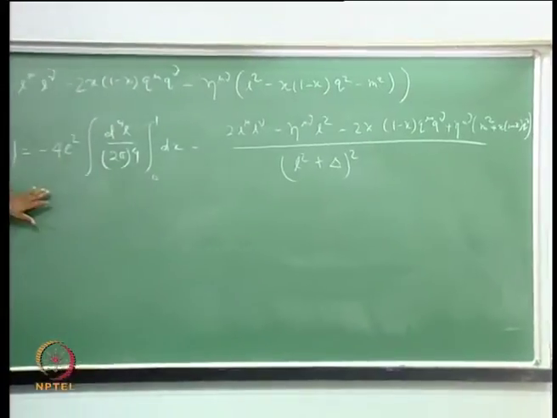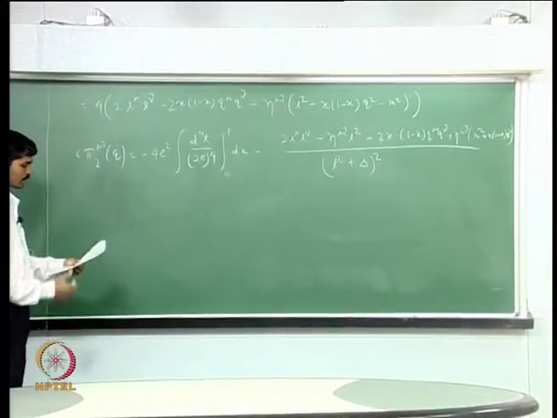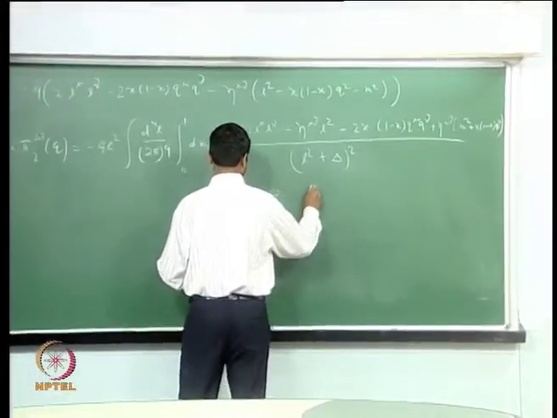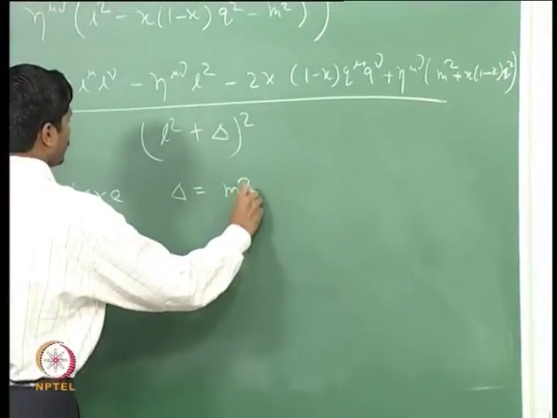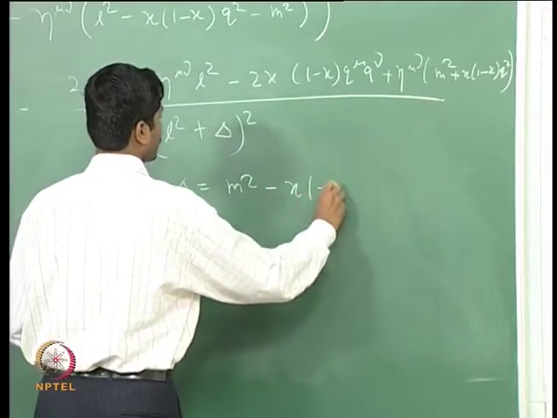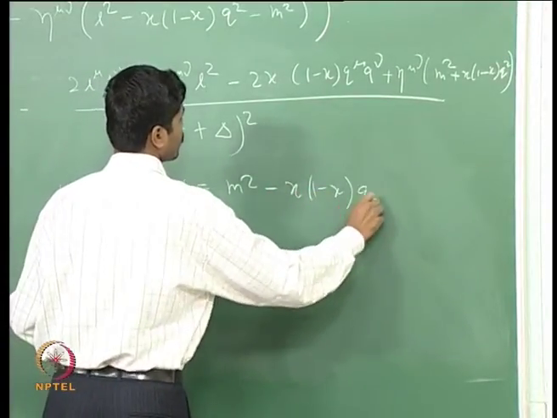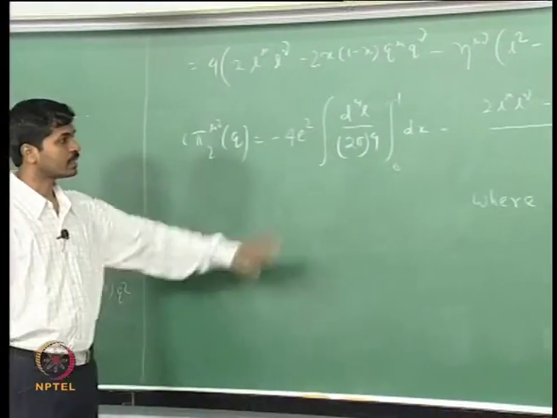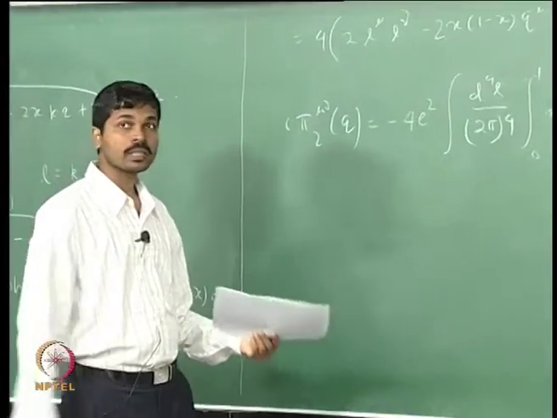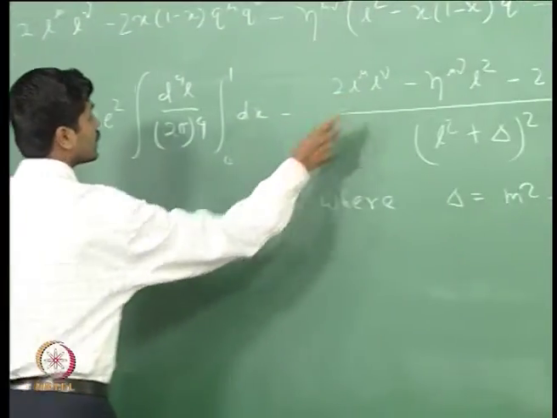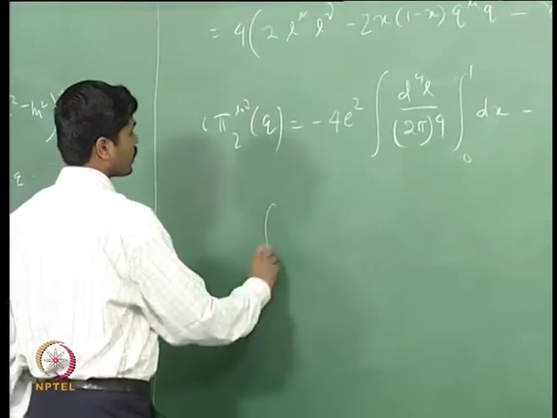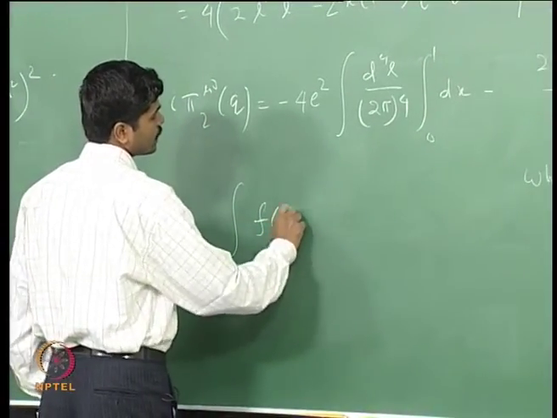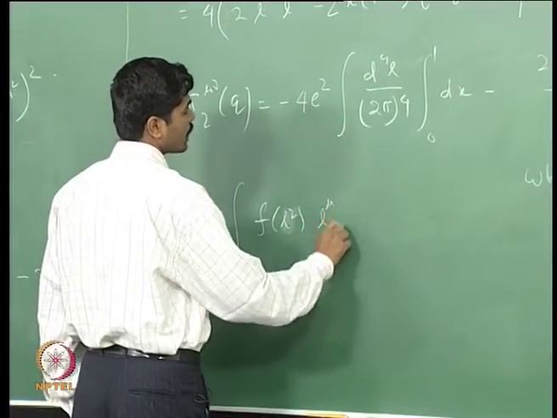We need to evaluate this integration here, where delta is given by m square minus x into 1 minus x q square. This is what we will evaluate. We can further simplify this term here. Remember, suppose you have some function of L square times L mu L nu.